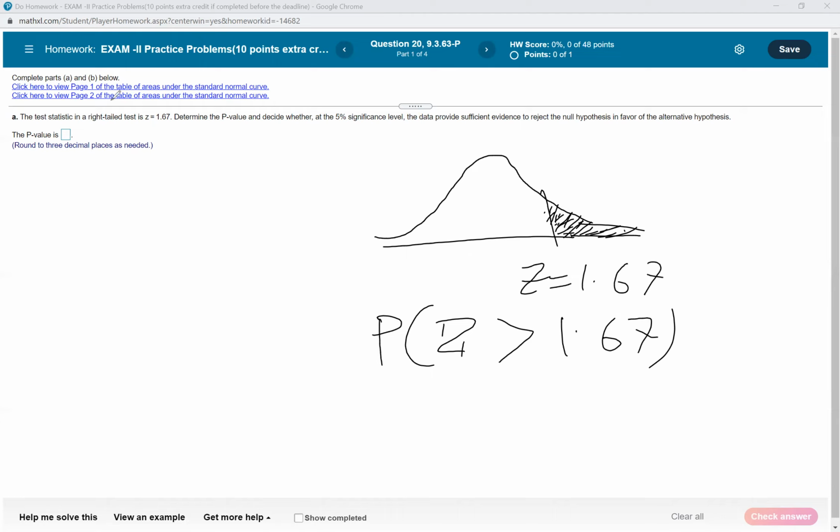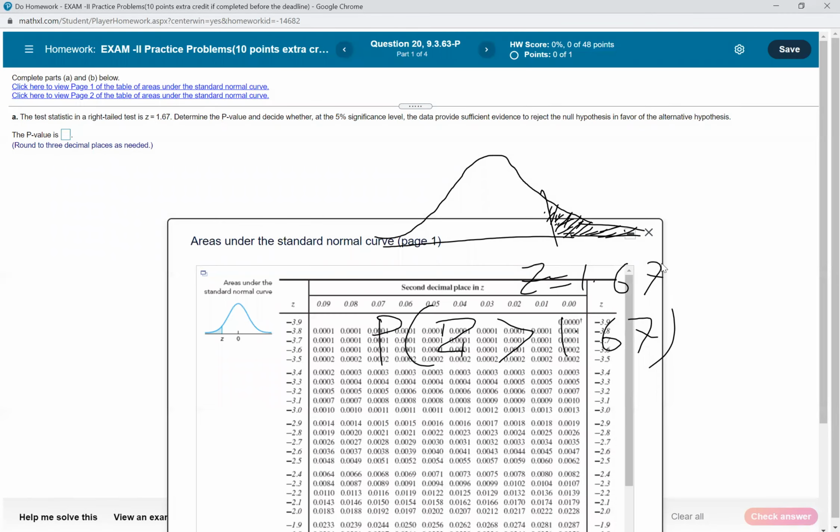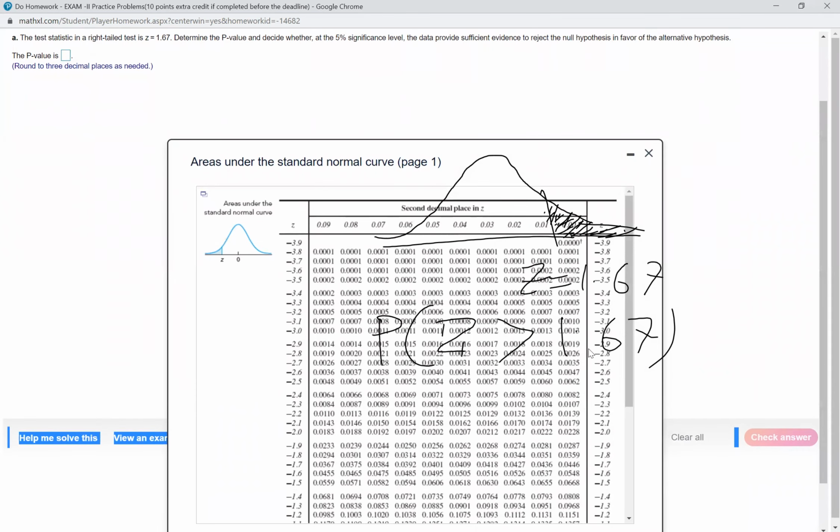Okay, so we are given the z table. So let's look at the z table under the normal curves. This is a positive value, so we can just look at the negative value, then we'll directly get the p-value, since the normal distribution is symmetric.